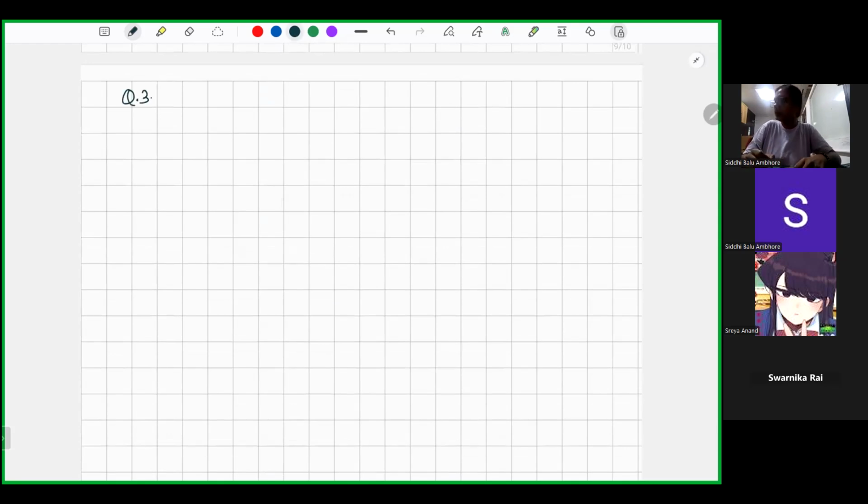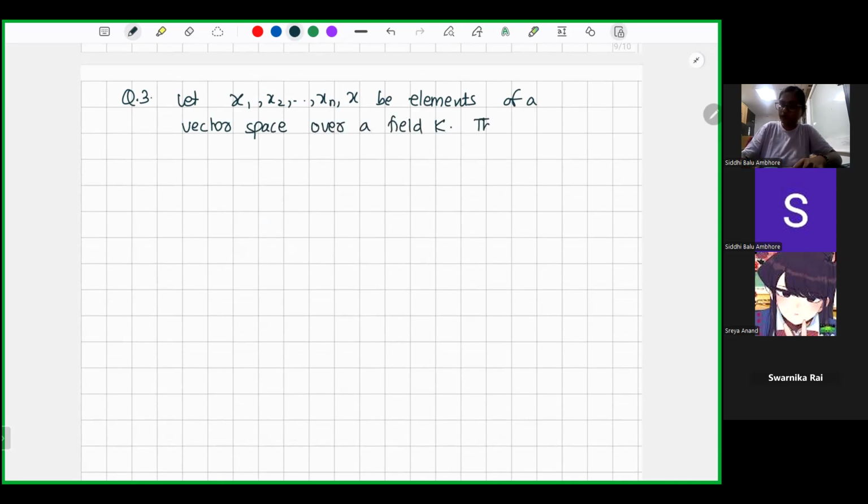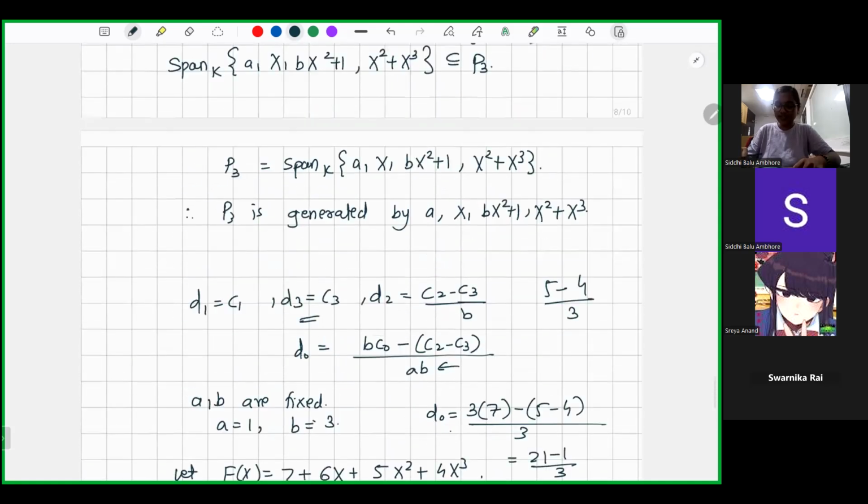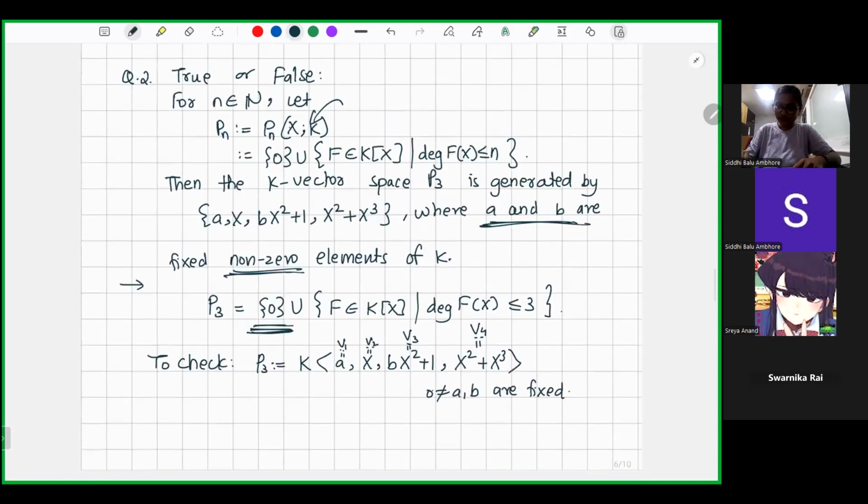So this is question 3. Let x1, x2, xn, and x be elements of a vector space over a field K. Just before we start, this statement is actually true.